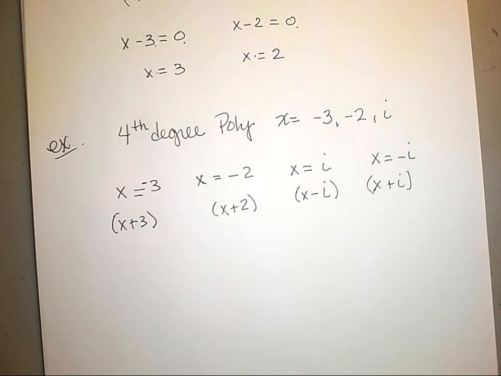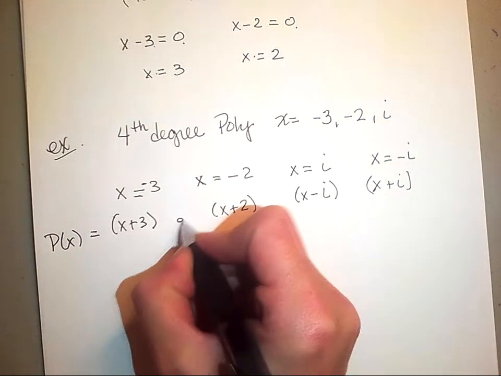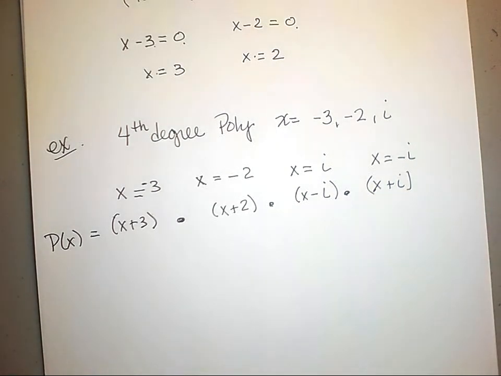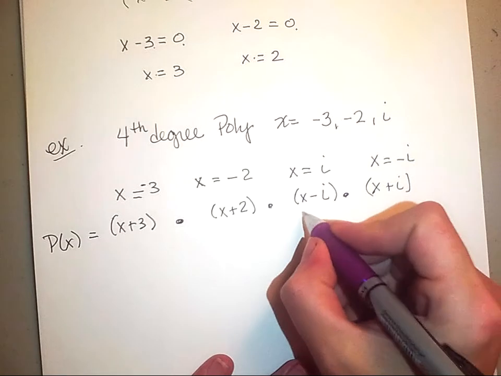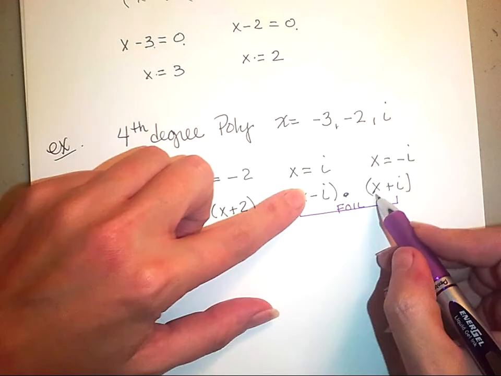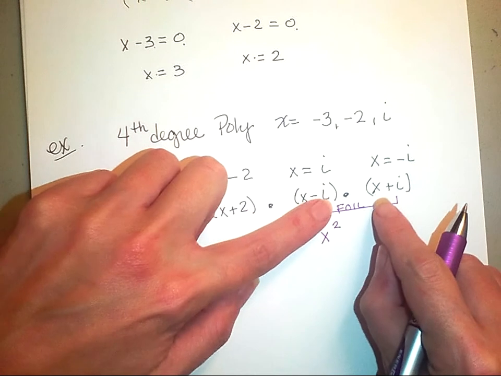So our polynomial is going to be equal to the multiplication of these 4 things. Now let's handle the complex numbers first. Let's FOIL these. When we FOIL this, we'll get x times x is x squared, plus an i minus an i. Well, those go away.